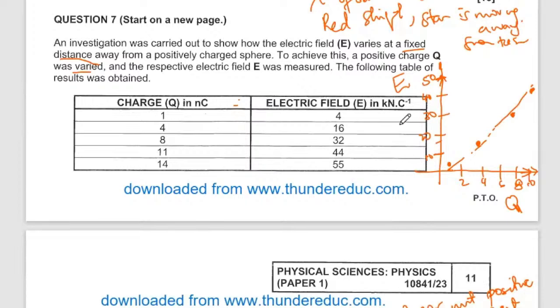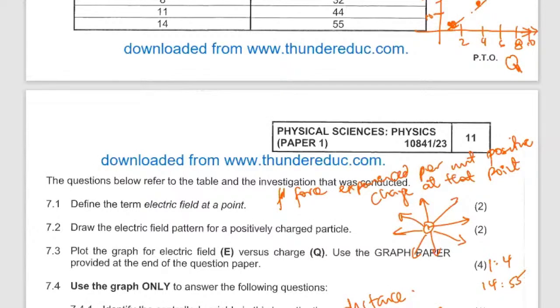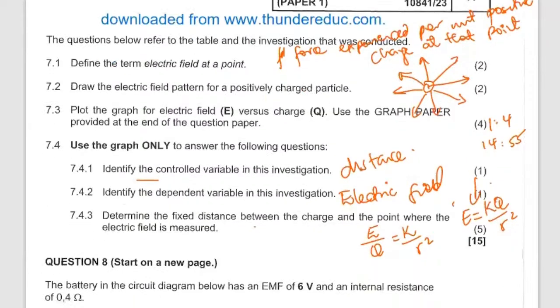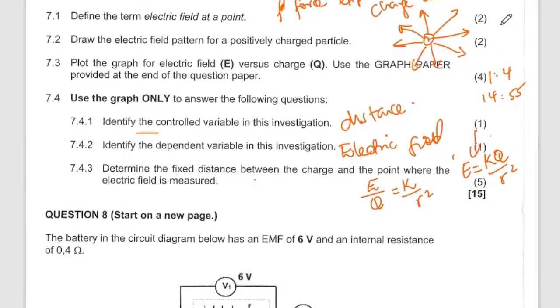Let's say I'm using the first point and then the last point. Okay, so I'll try to use my first and last values to get the gradient.